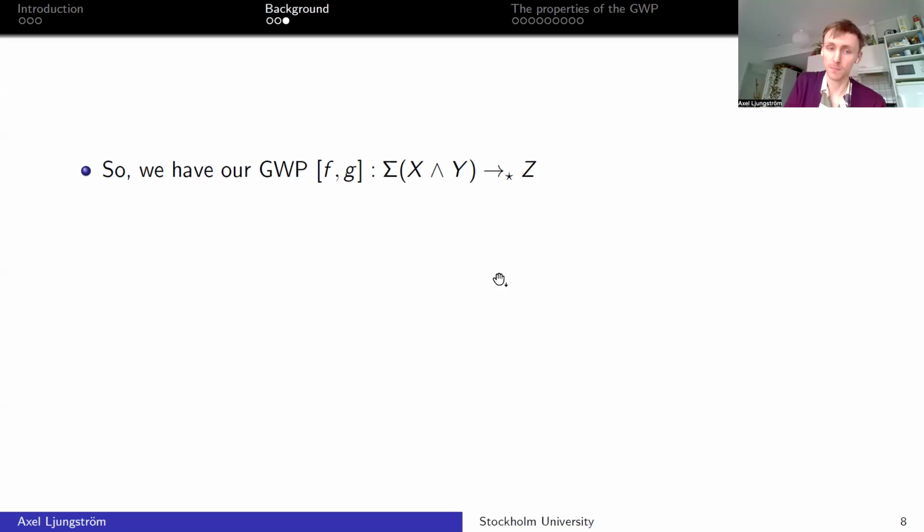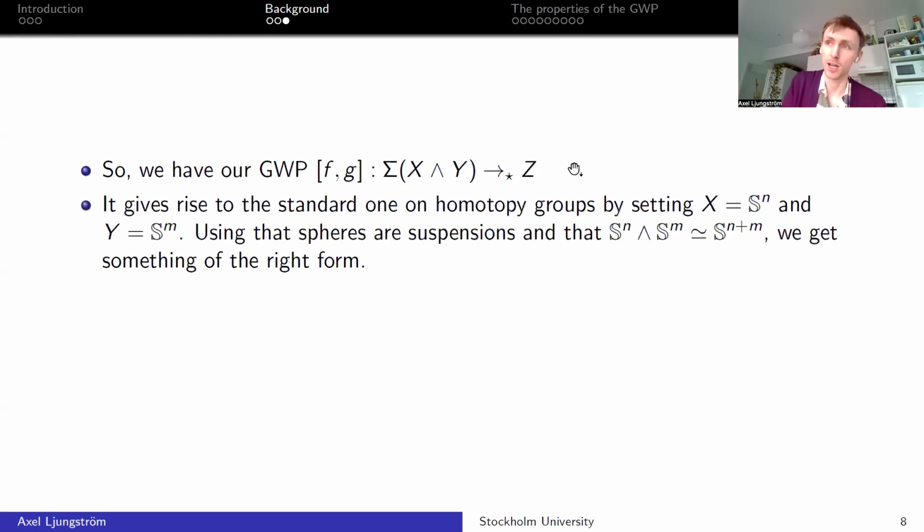So we have defined our generalized Whitehead product, which was of this type. To quickly mention, you get the usual Whitehead product on homotopy groups by just setting x to be the n sphere and y to be the m sphere. Then you use that spheres are suspensions, and that the smash product of spheres is again a sphere, and you end up getting something of the right form.